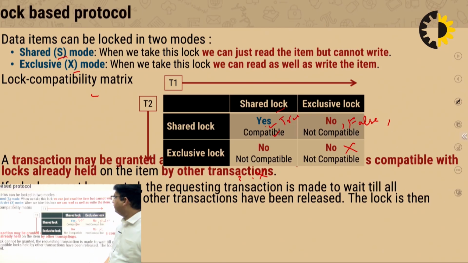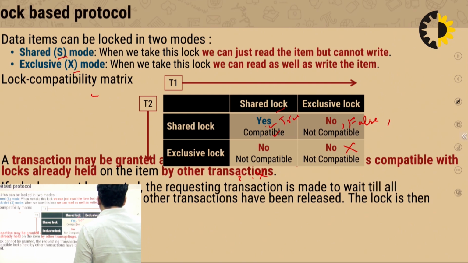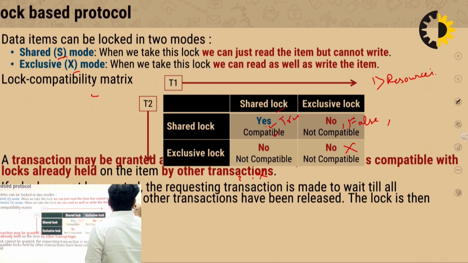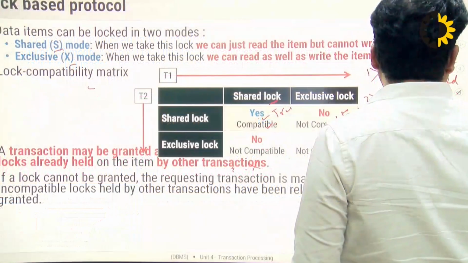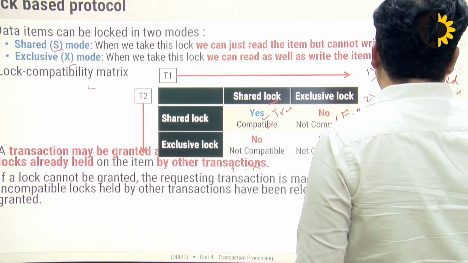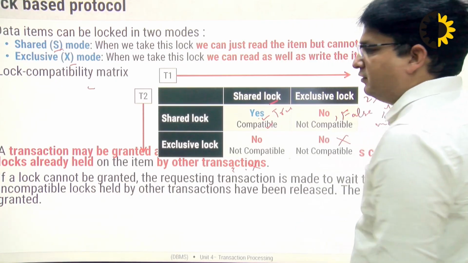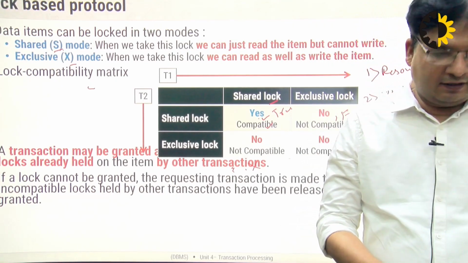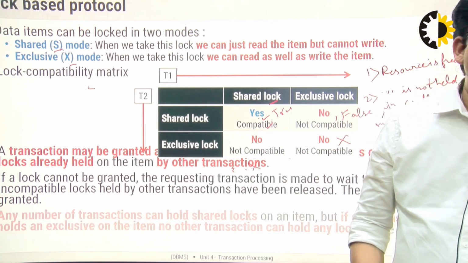So there are two conditions by which the lock can be granted: either the resource is free, or the resource is not held in conflict mode. Only then shall the lock be permitted, otherwise the permission shall be denied.